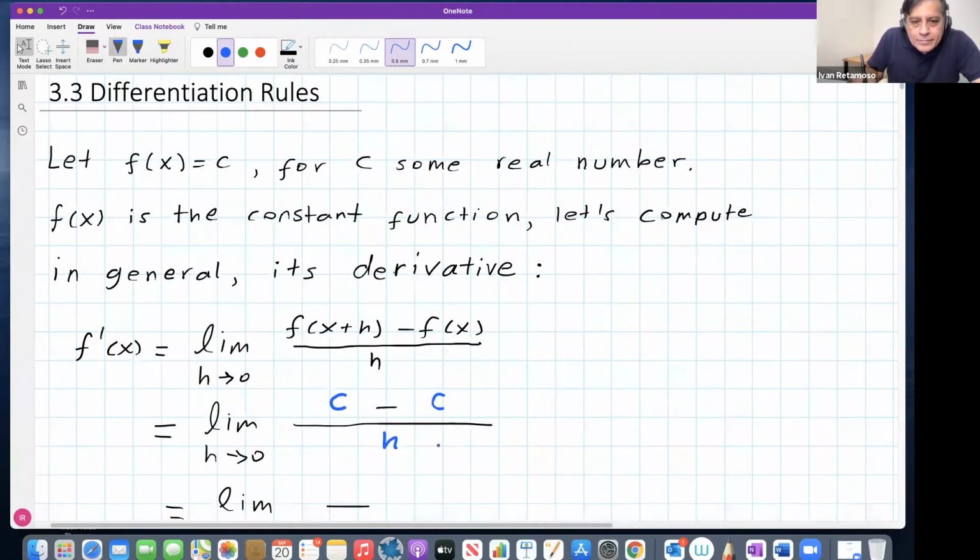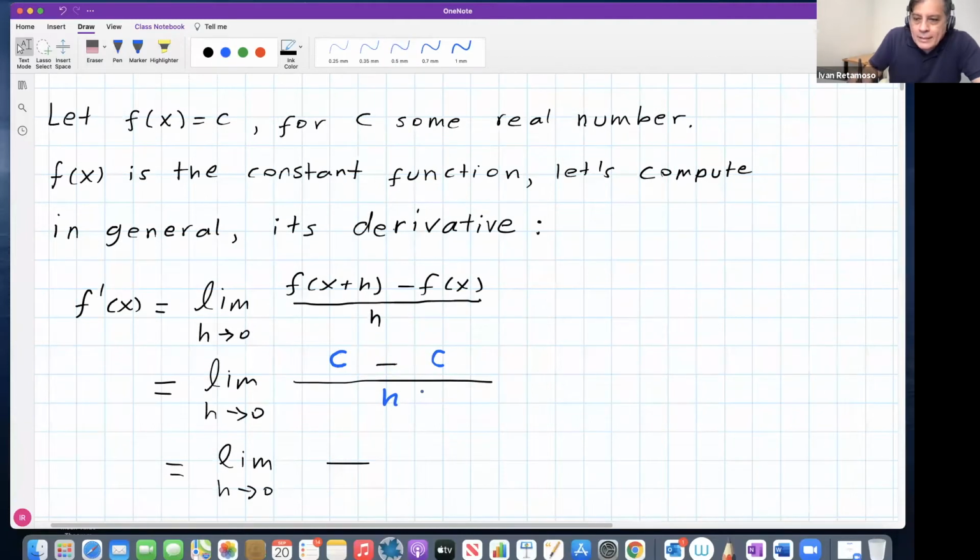So now notice that c minus c is just 0, and h on the bottom. So 0 divided by h is just 0.